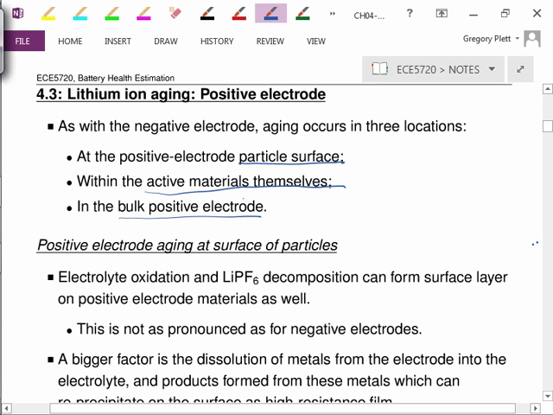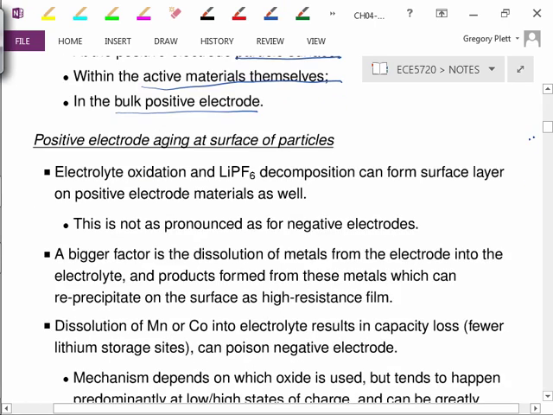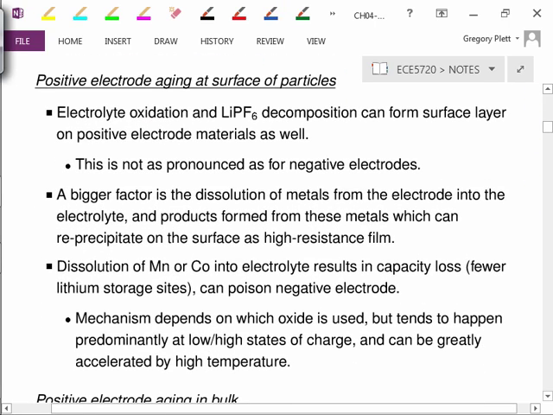composite structure. Looking at the surface of the particle first, we said in the negative electrode there would be a side reaction between the solvent and the material forming the active particles, and that formed an SEI layer.